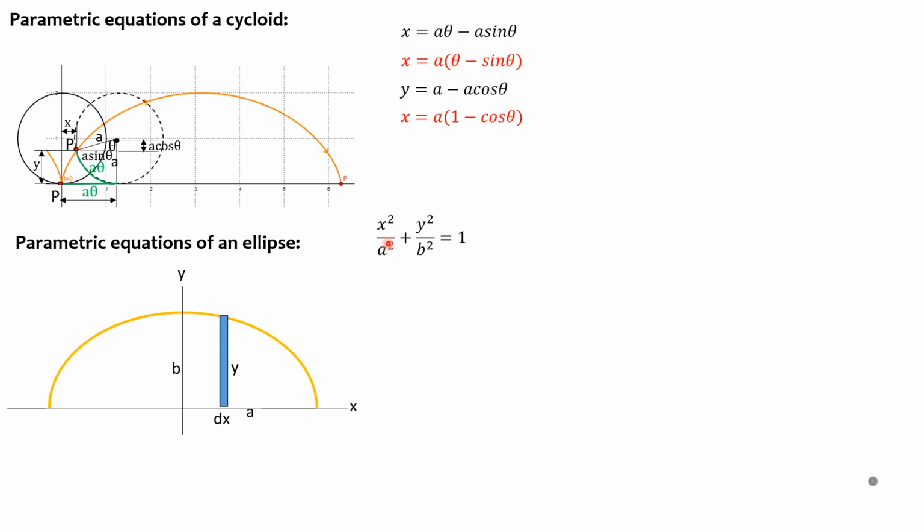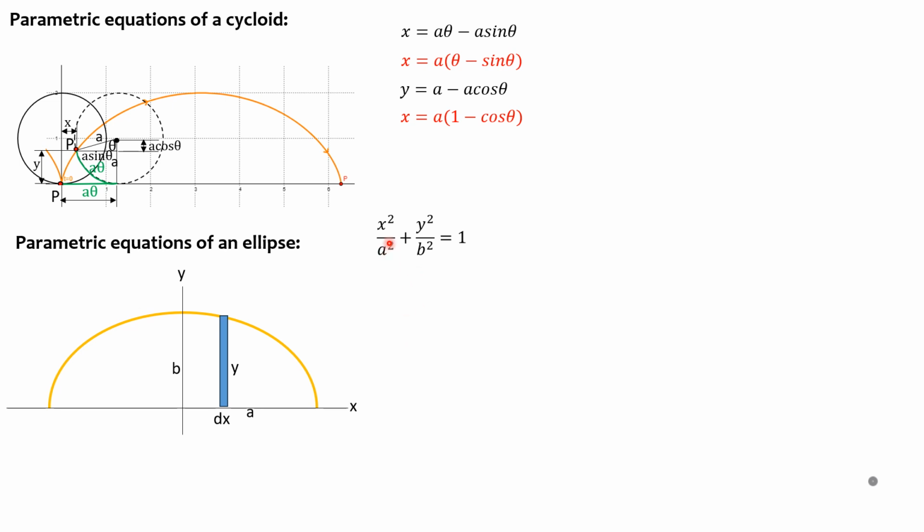So it should form a basic trigonometric identity such as sine squared theta plus cosine squared theta equals 1. So that this is sine squared theta, x should be a sine theta. And so that this will give us cosine squared theta, y should be b cosine of theta.